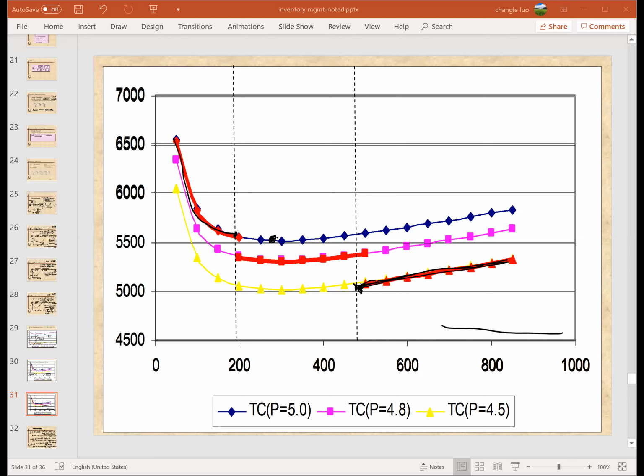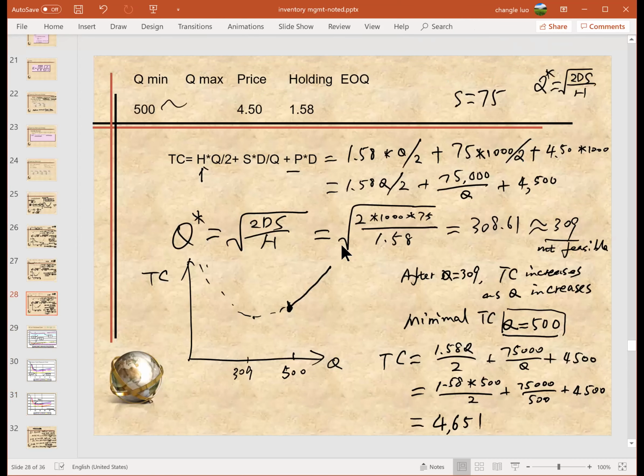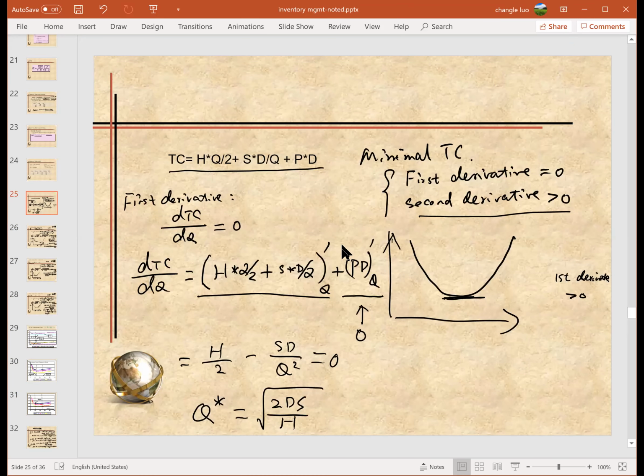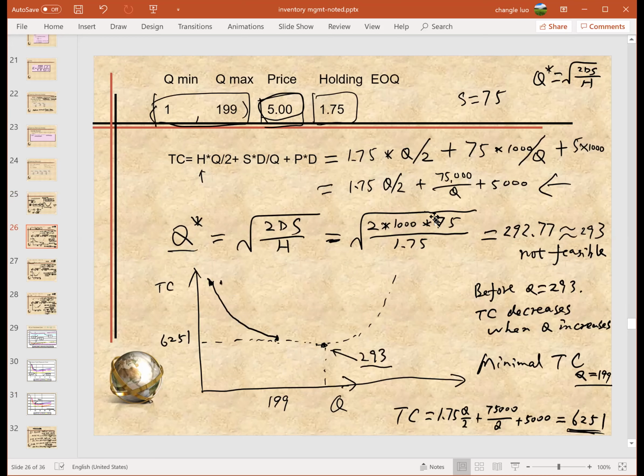Now, we put them together. We see there's a 3-part of the line, which we highlighted in thick red. That is our 3 feasible lines. And the first one, we know that the total cost achieved at Q equals to 199 is 6251.